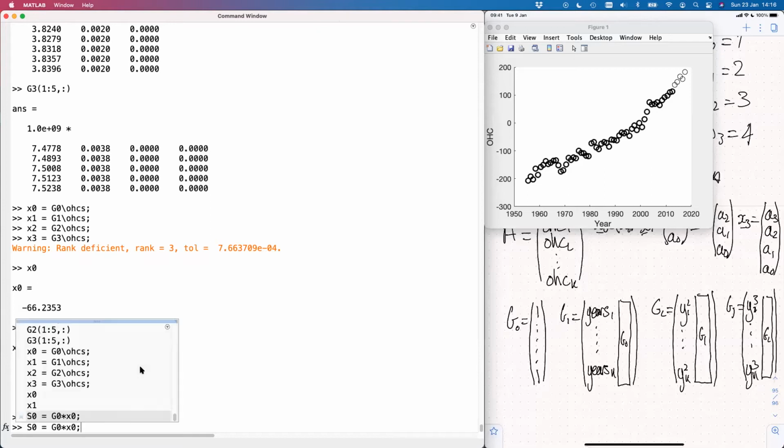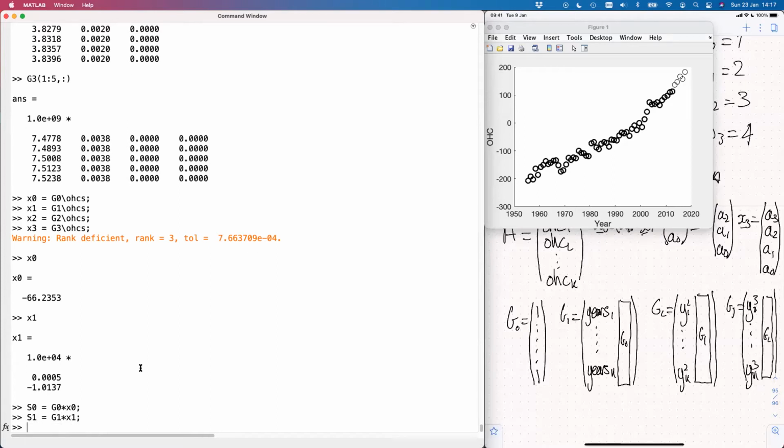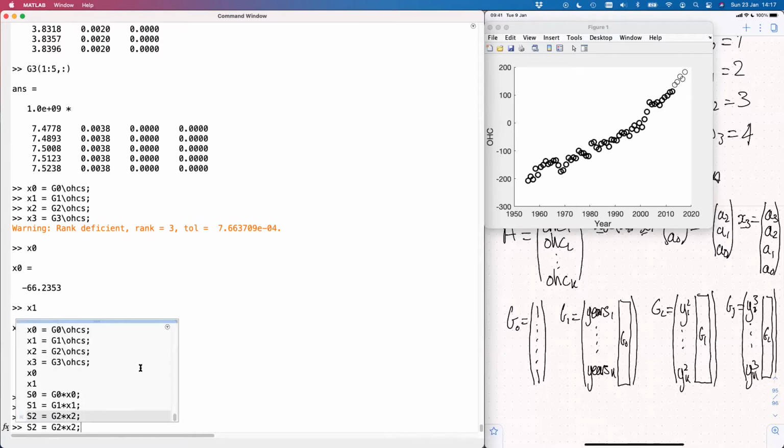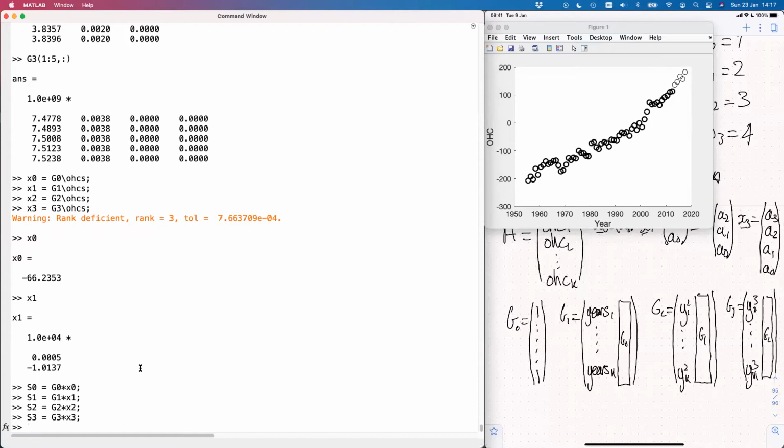But I can do the same for each of the models, and in a minute I'll add them to our figure so we can see how each of these different models behaves. And finally, the cubic model.